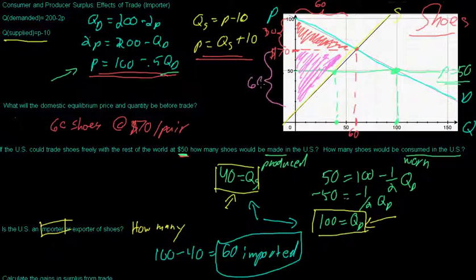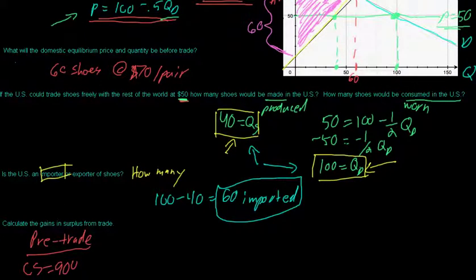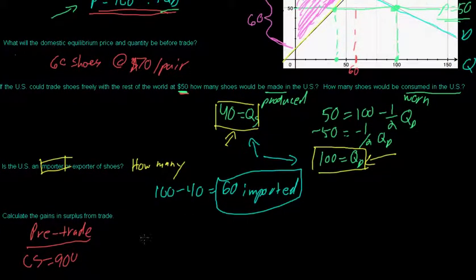I'm sorry, this should go down to there. And then a base again of 60. So 60 times 60 is 3600, divided by 2 is 1800. So producer surplus is equal to 1800. Sorry, not 18,000, 1800 with a comma there.